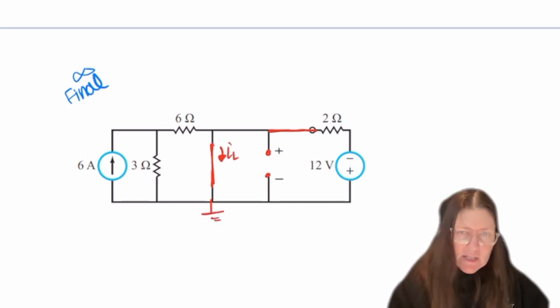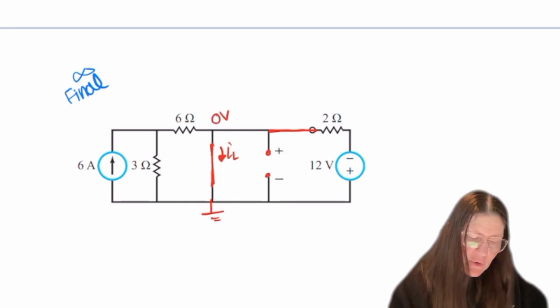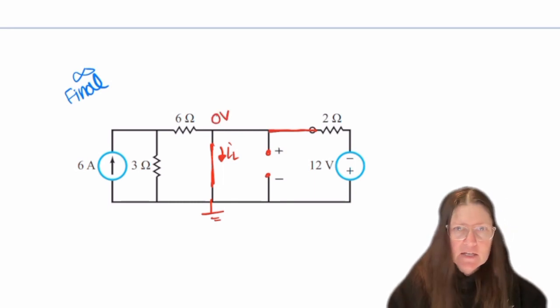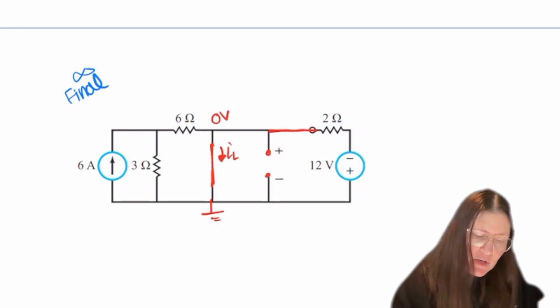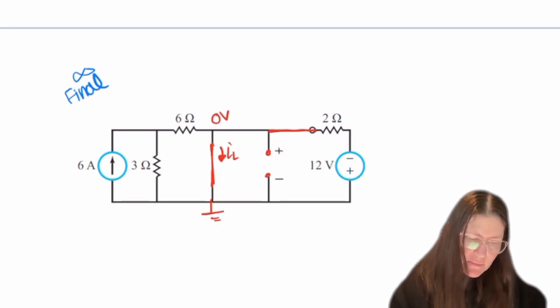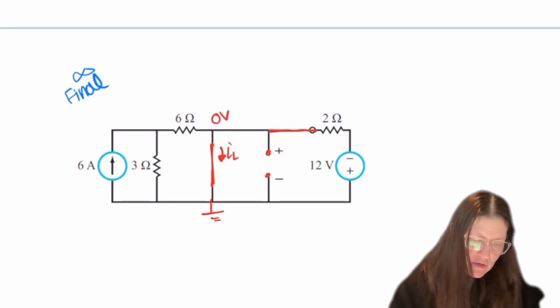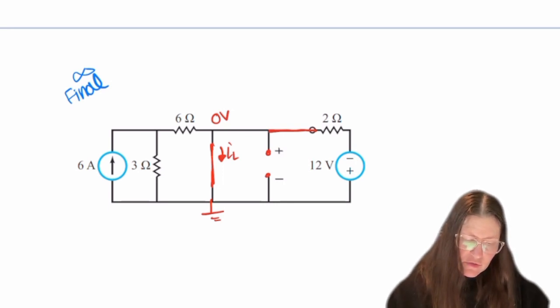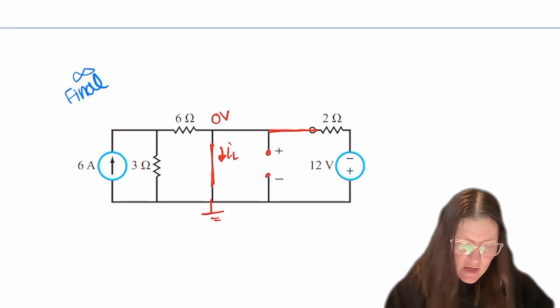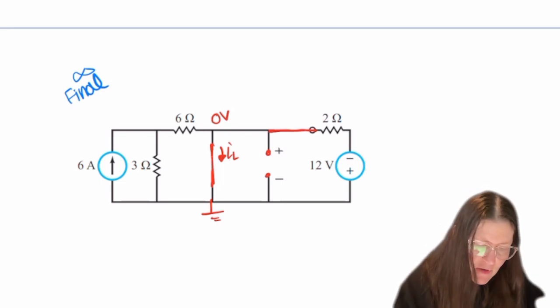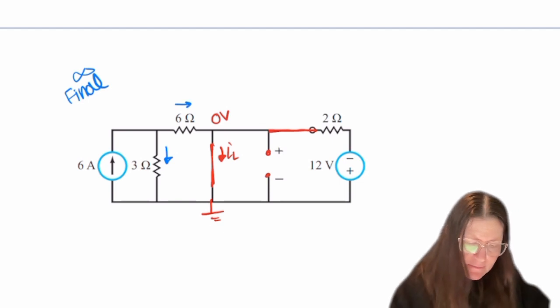So if ground is here, this is again 0 volts up here, and I need to determine the current in each of these branches. I'll need to know this current and this current.